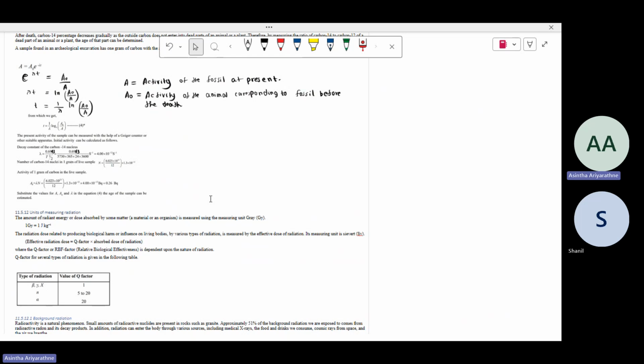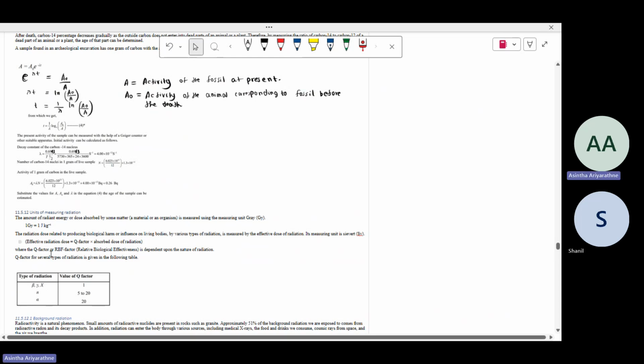The amount of radiation absorbed by 1 kilogram is equal to 1 gray. It is the radiant energy or dose absorbed by some matter. So 1 gray is equal to 1 joule of energy absorbed by 1 kilogram of matter.